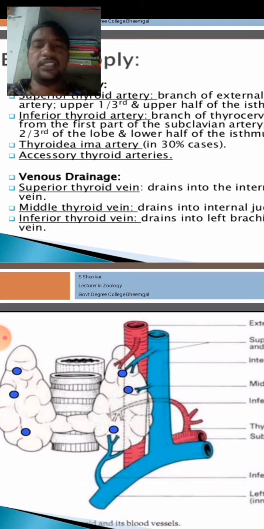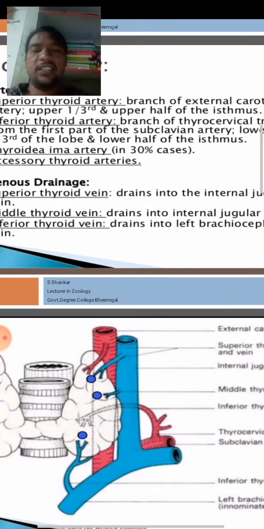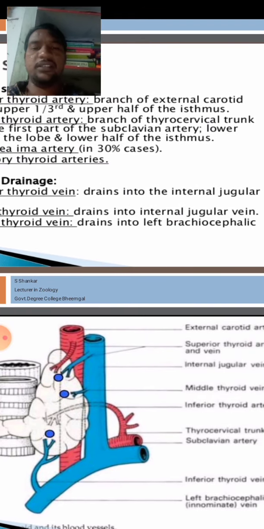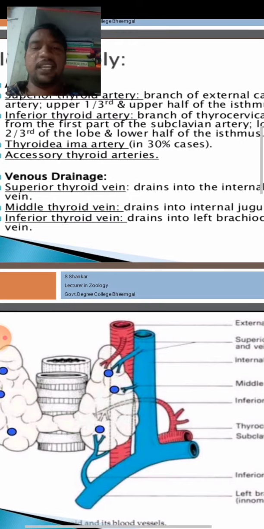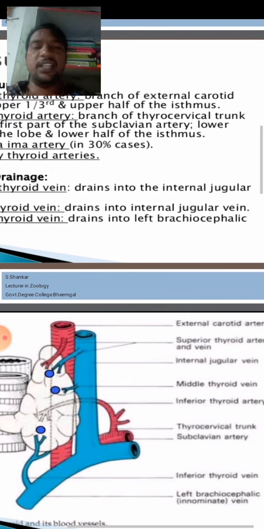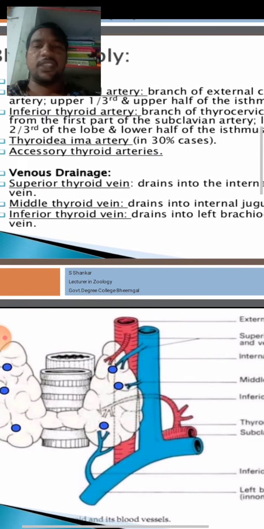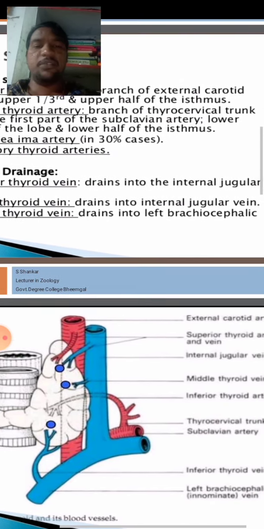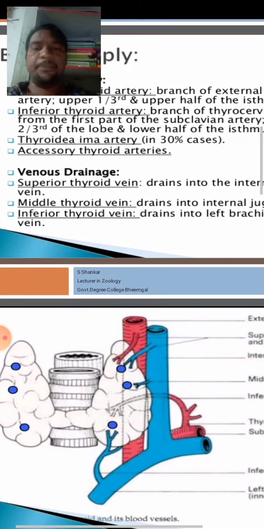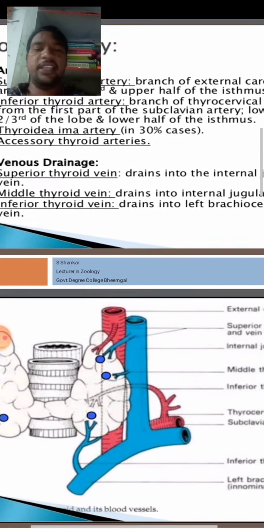That is venous drainage: superior thyroid vein, middle thyroid vein and inferior thyroid vein.